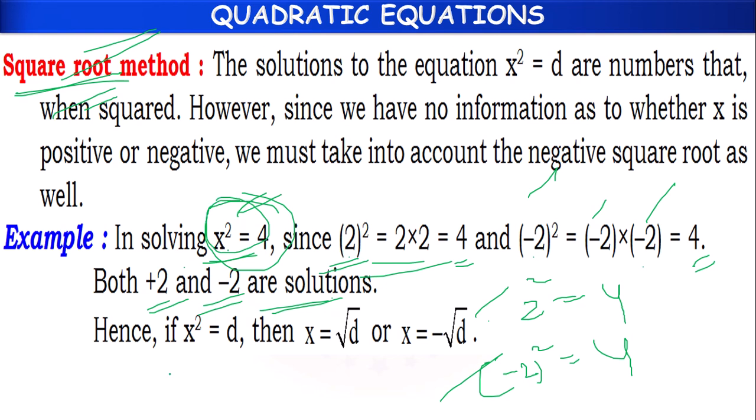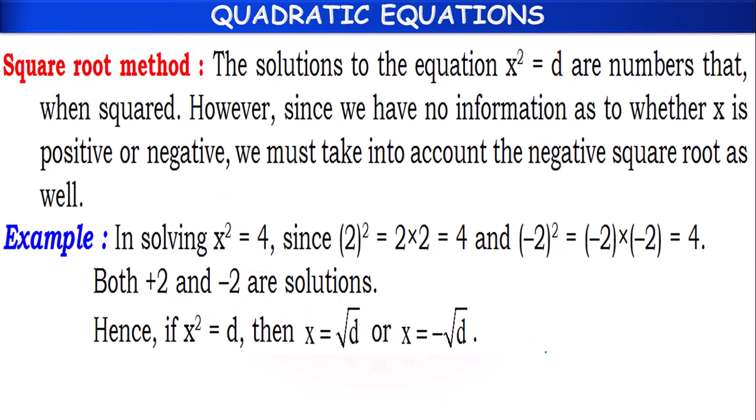Means if x square equal to d, then x equal to root d or minus of root d. Both will be the roots of x. Means if x square equal to 9, then x equal to plus of root 9, minus of root 9. Both will be the solutions. We should not keep minus inside the roots.